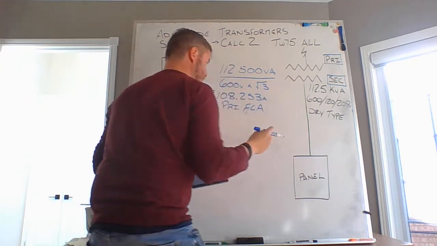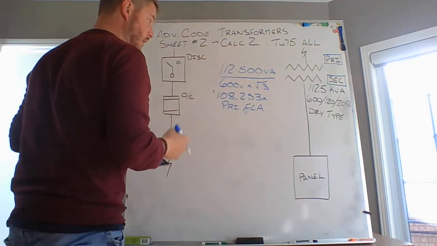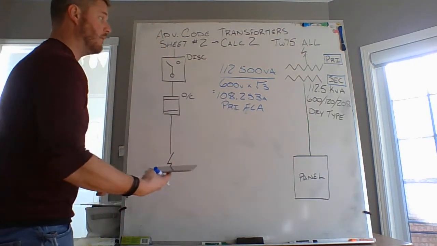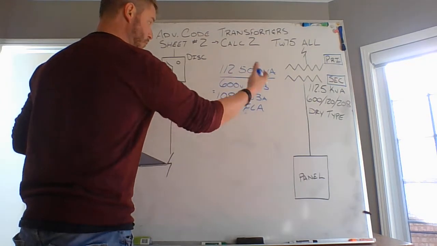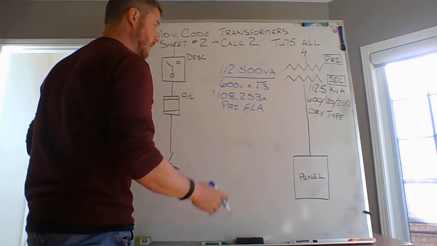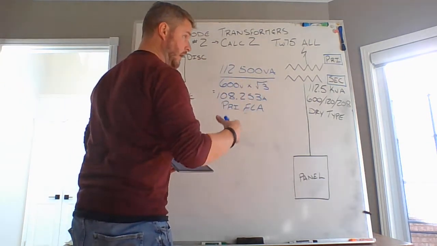FLA. A primary full load current value of 108.253 amps primary current. Okay? Once again, power in equals power out.